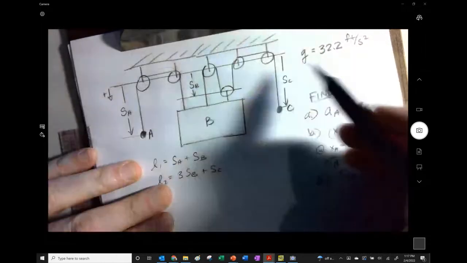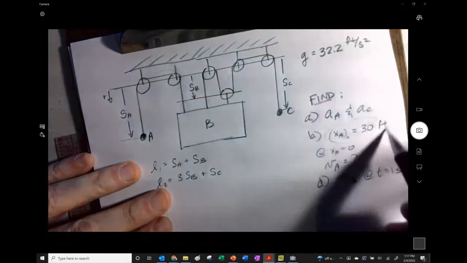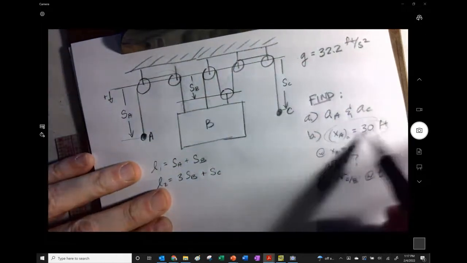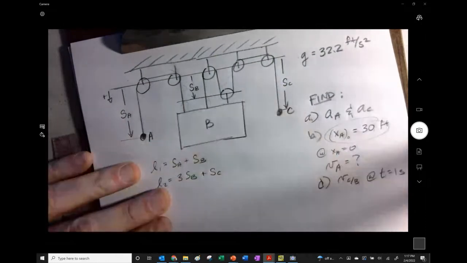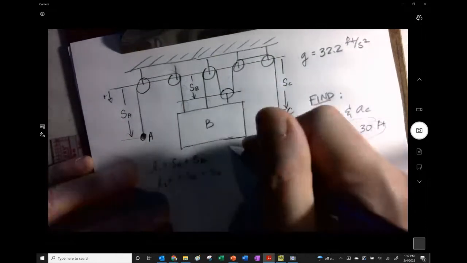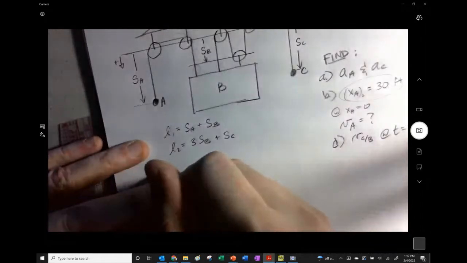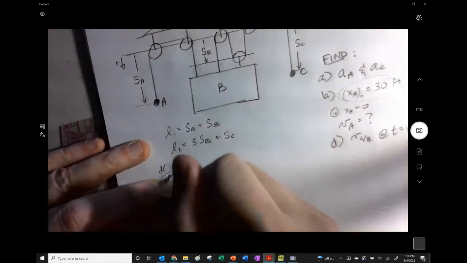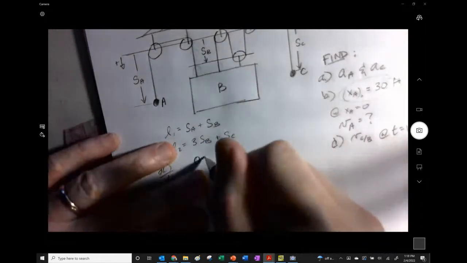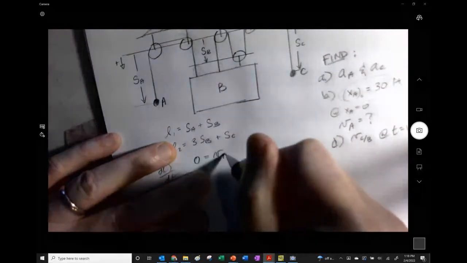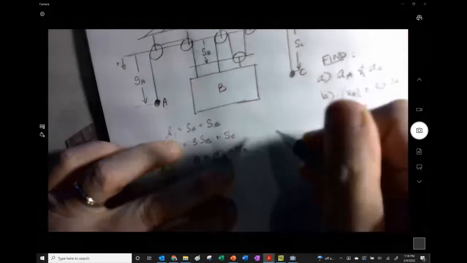And actually, this was a little weird because they went ahead and gave you a length of the cable. Most of the time we don't care about the length of the cable because we take the derivative of these, right? So I'll just rewrite this thing out and say 0 equals VA plus VB.